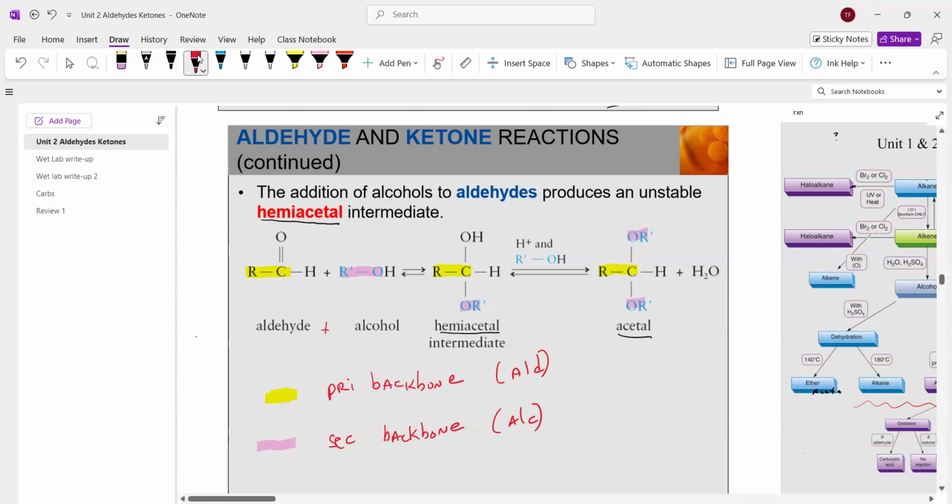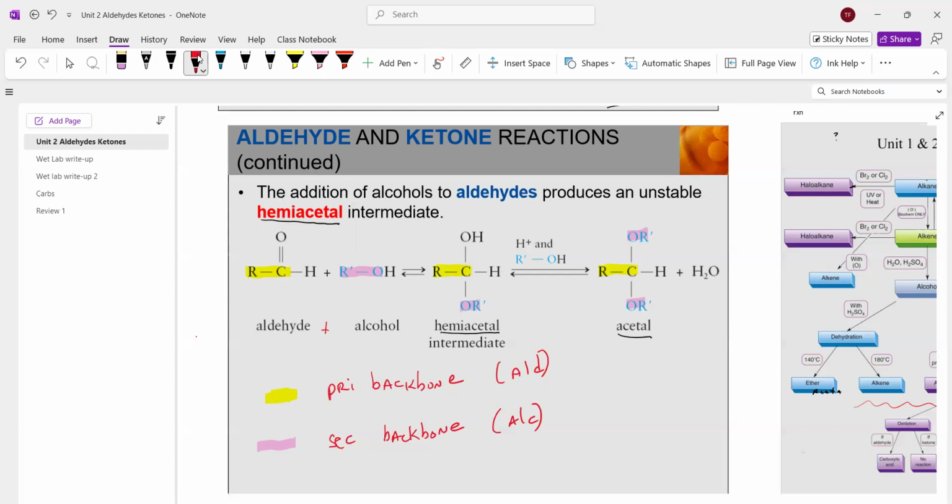So the primary backbone comes from the original aldehyde. The secondary backbones come from the added alcohols. So you can go backwards and forwards on this series. And the tricky part is identifying what the secondary and primary backbones are, so you can trace it back to what you start with.